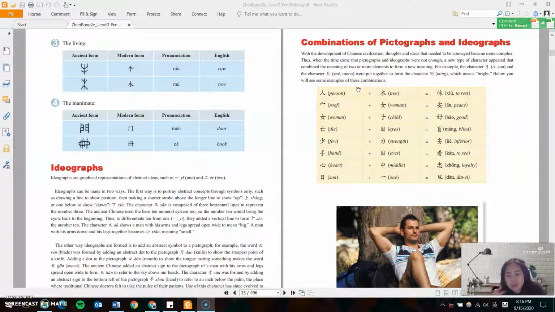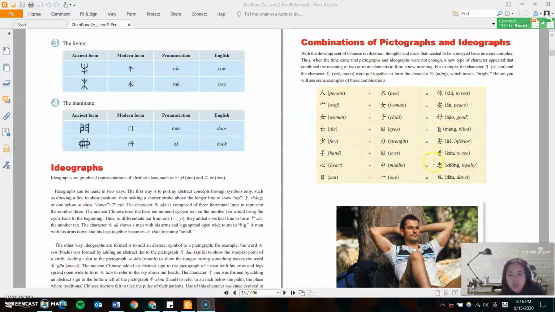Like 头脑休息, brain break. 所以人加木等于休，房子的屋顶和女等于安，女和子是好，王和木是忙，少和力是劣，手和目是看，心和忠是忠, loyalty, right?